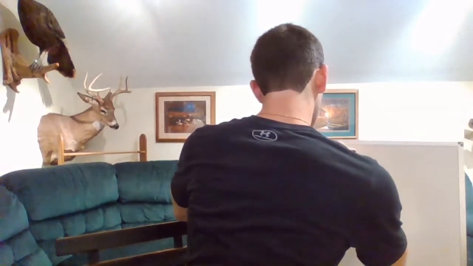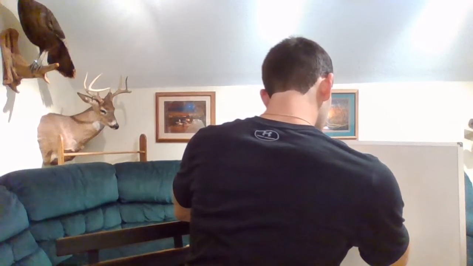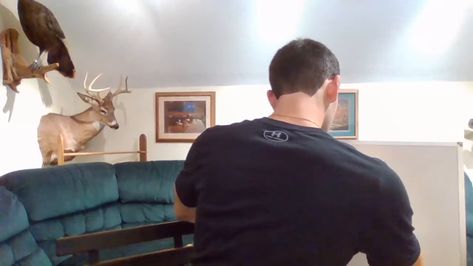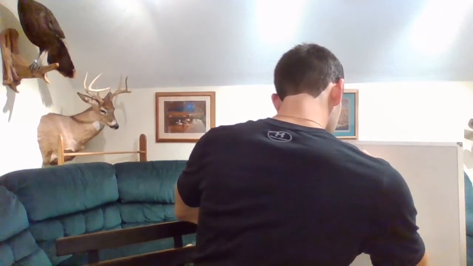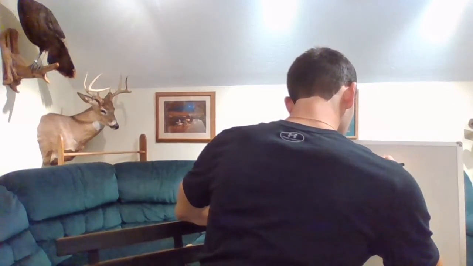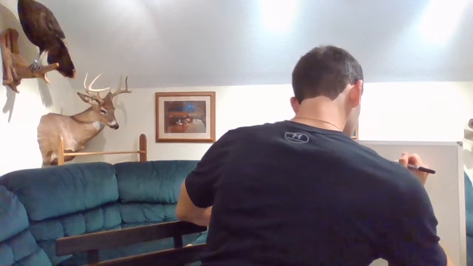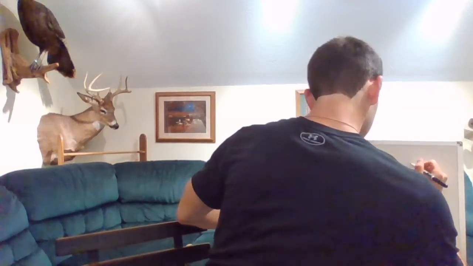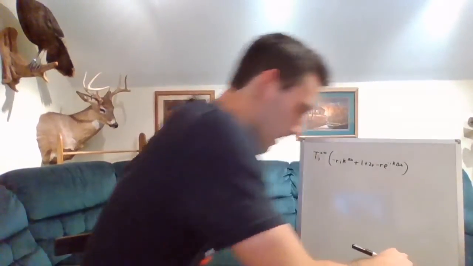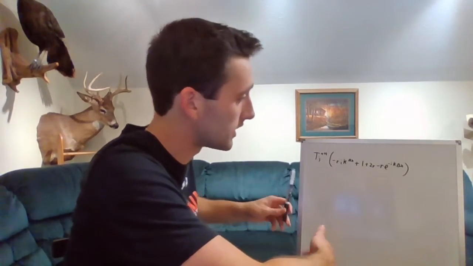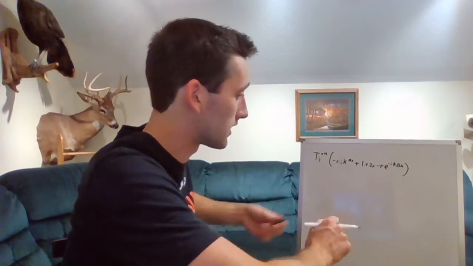If we were to pull out T j, n plus 1, here we have negative r e to the ik delta x, plus 1 plus 2r, minus r e to the negative ik delta x.